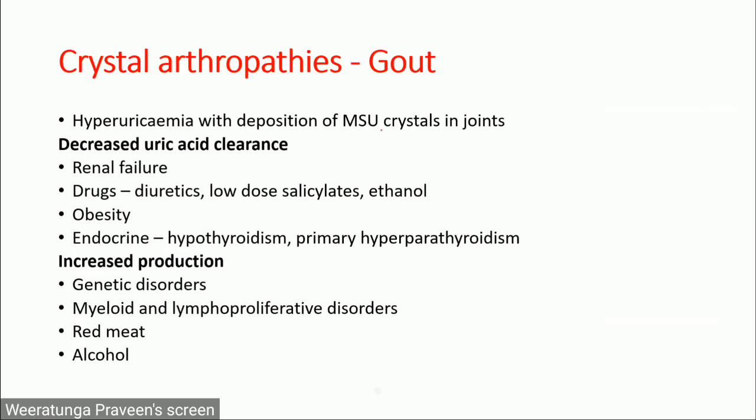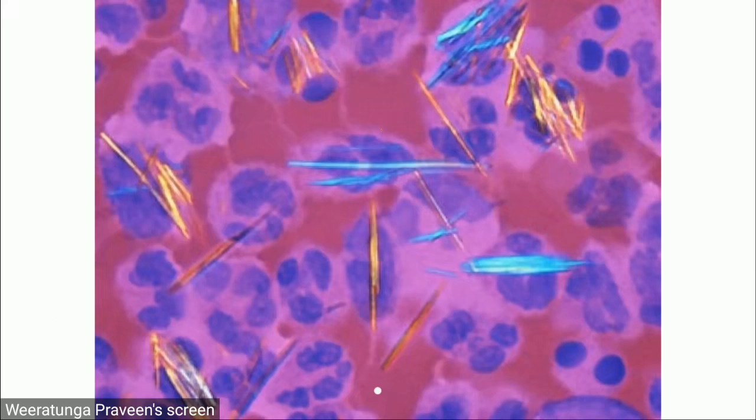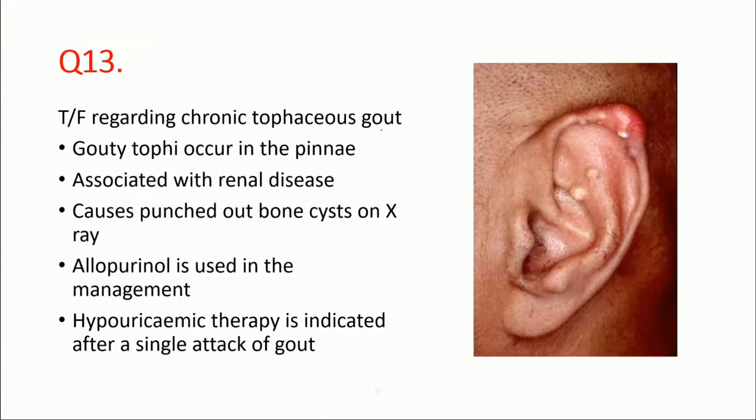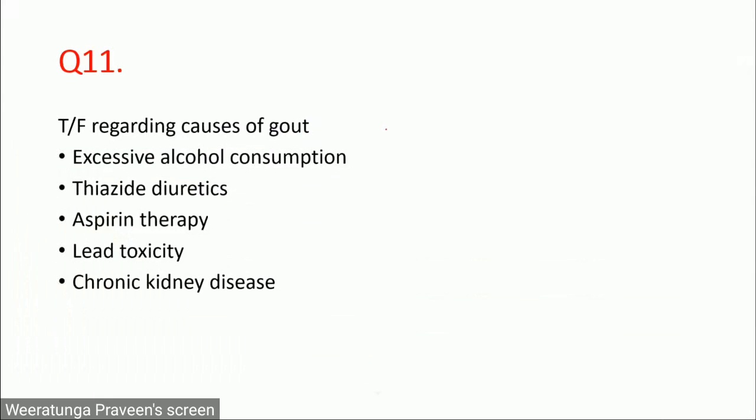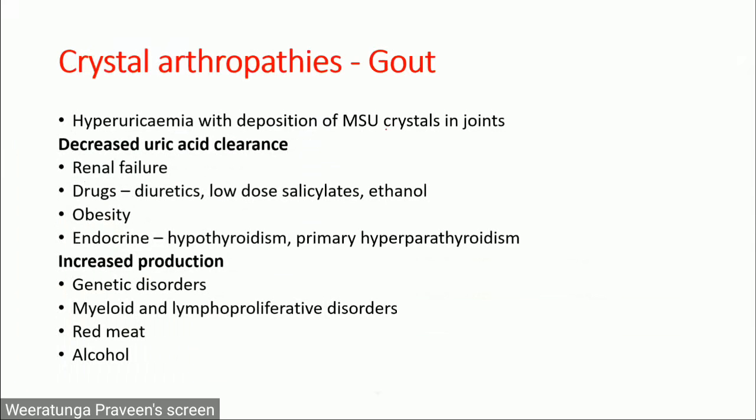So the next few MCQs, I think up to 13, are on crystal arthropathies, gout. Now there are lots of crystal arthropathies, but for an undergraduate level, gout is what you need to know. Now in gout, there is hyperuricemia and deposition of monosodium urate crystals in the joints. That is what happens. Here I have given you a list of causes of gout.